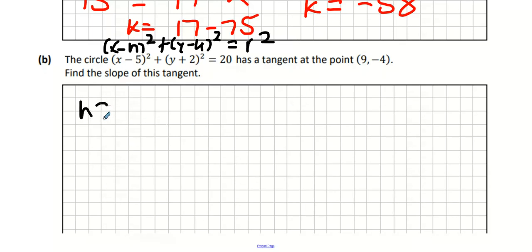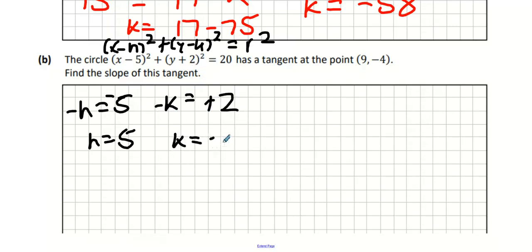I can tell you that the h value is 5 and the k value is, so for minus h, you have minus 5, and that means your h value is 5. For minus k, you have plus 2. This means your k value is minus 2. And it tells you on the tables on page 19 that the center is h, k. So I straight away know that the center is 5, minus 2.